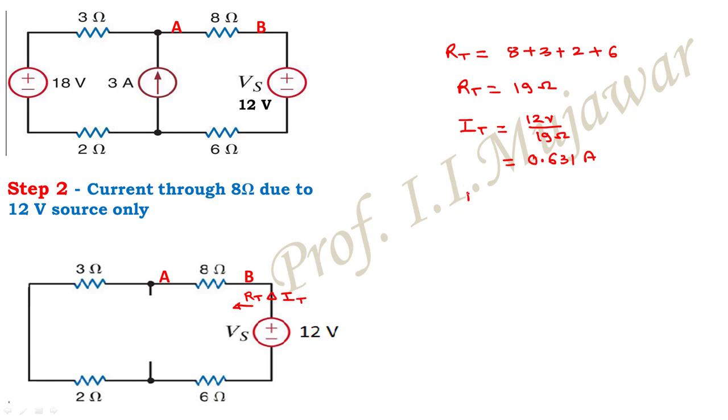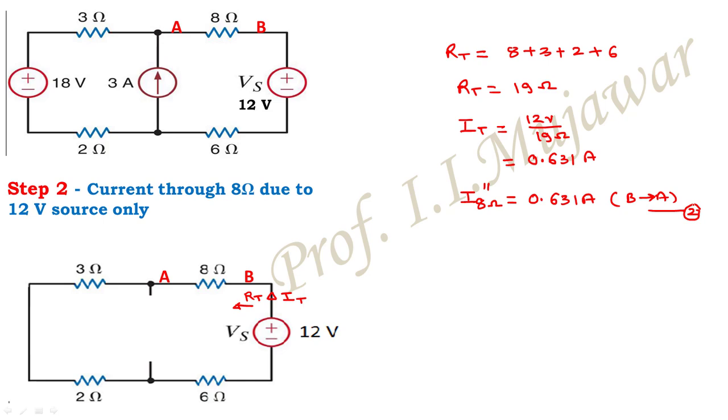So my second calculation, I 8 ohm double dash, that is current flowing through 8 ohm due to 12 volt source acting alone is 0.631 ampere, but in this case the current is flowing from B to A. This is your equation number 2.